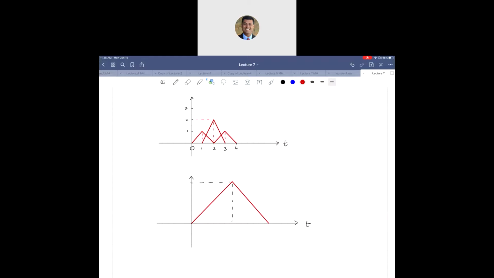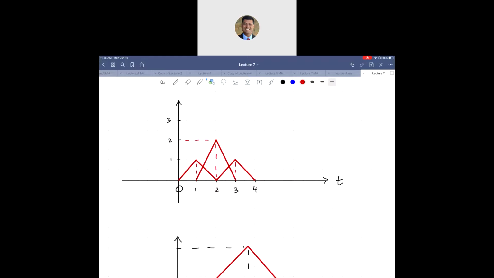Those have been sketched over here individually. The first one is m of t, this guy is 2 times m of t minus 1, and this guy is m of t minus 2.